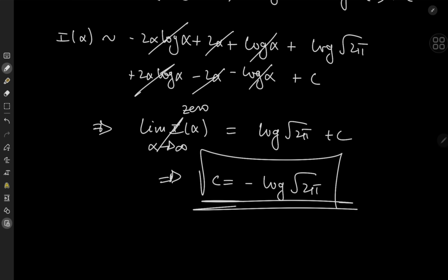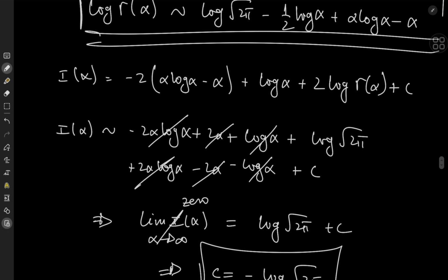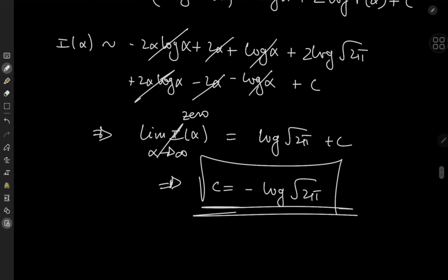That was awesome. But what's even more awesome is the fact that I have my notes right here, and it says that negative log 2 pi is equal to c. And there's a reason for that, a very good reason. We have 2 times log gamma, so yeah, there's a 2 over there. And 2 times 1/2.